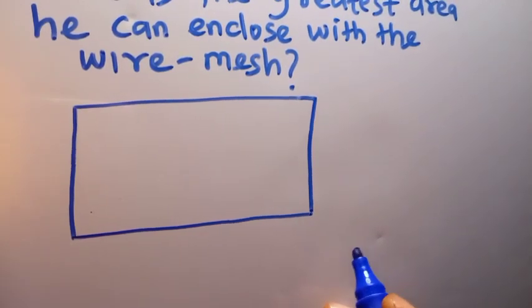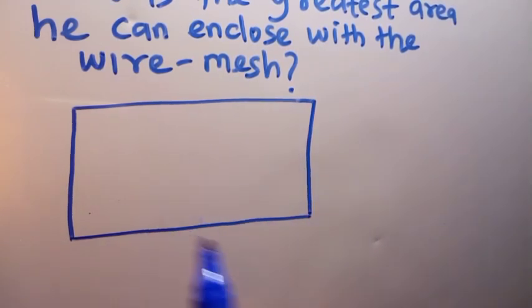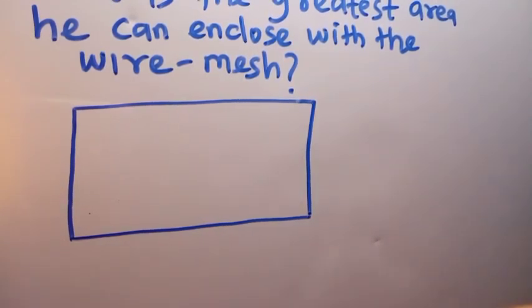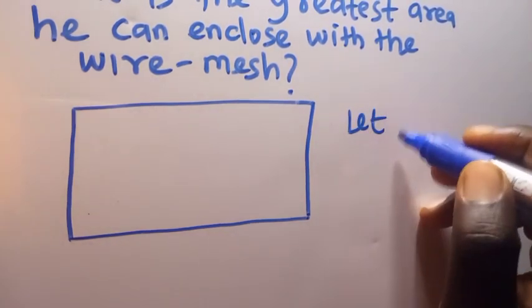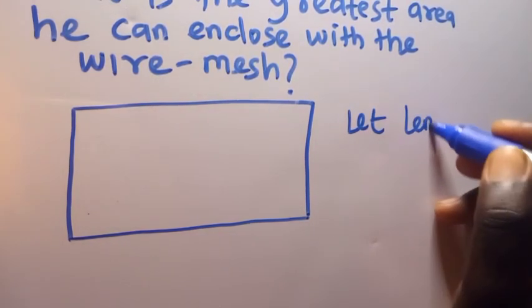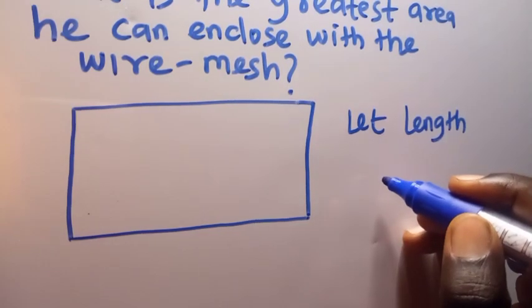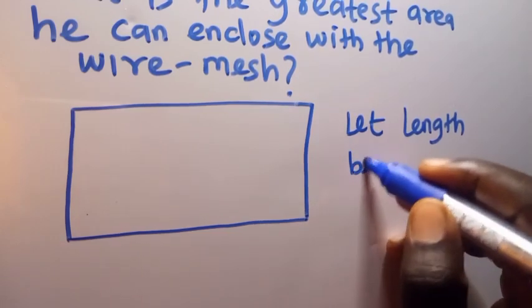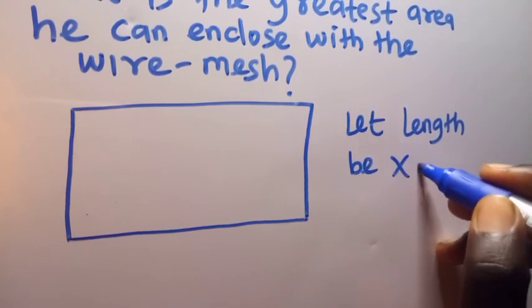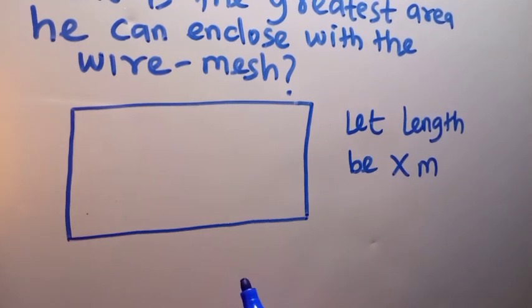Now, we can say if the wire mesh is 100 meters long, let the length of this rectangular enclosure be, let's say, x meters, because the wire mesh is 100 meters long.